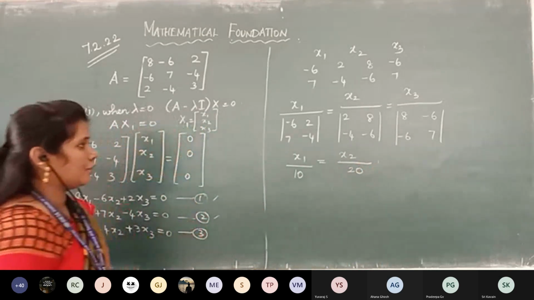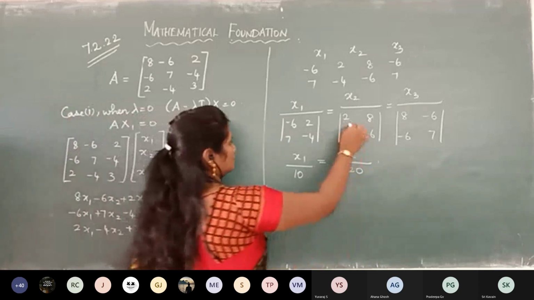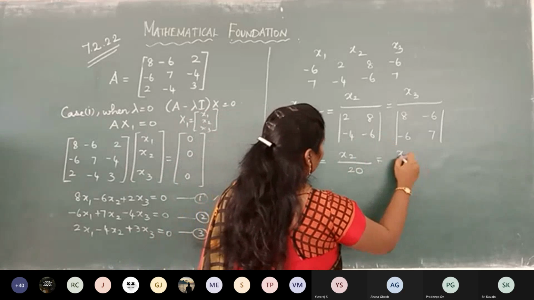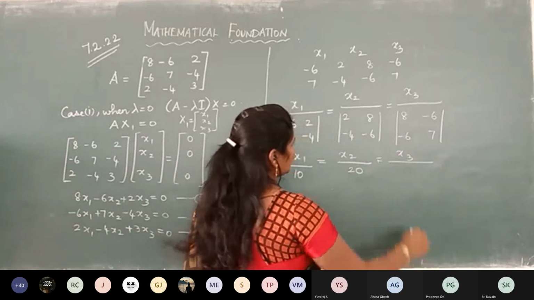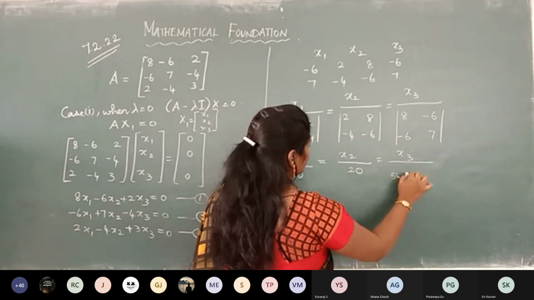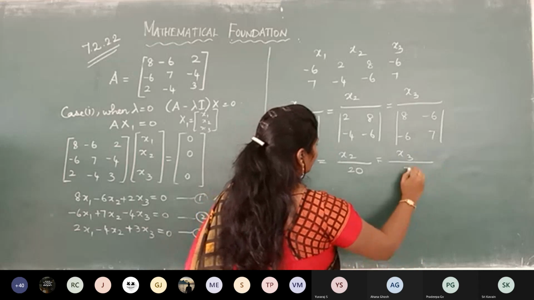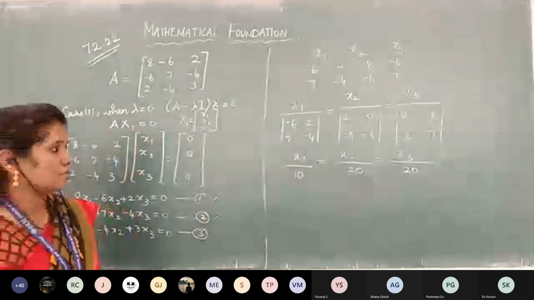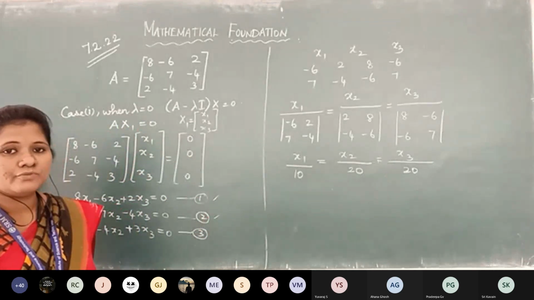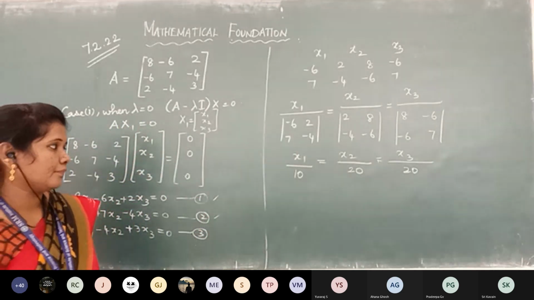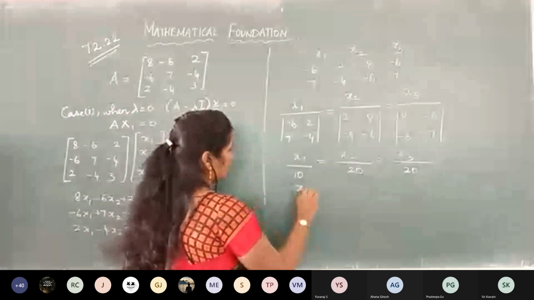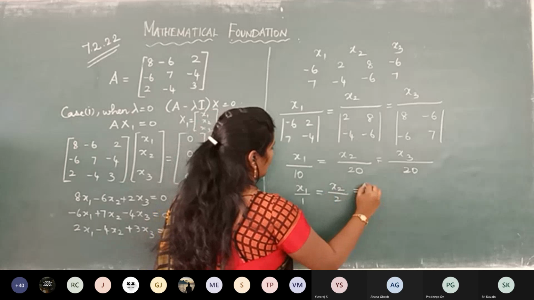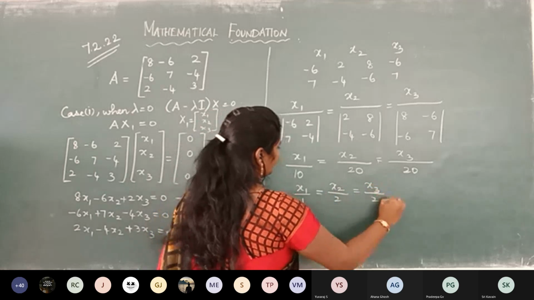So x2 by 20 is equal to x3 by 36 minus 36, sorry, 56 minus 36, which is 20. Throughout, if you divide it by 10, what do you get? You will have x1 by 1 equal to x2 by 2, which is equal to x3 by 2.